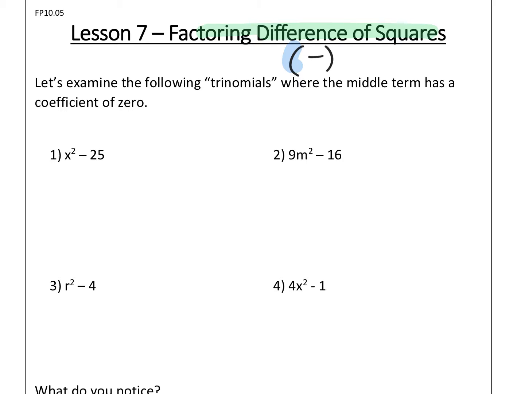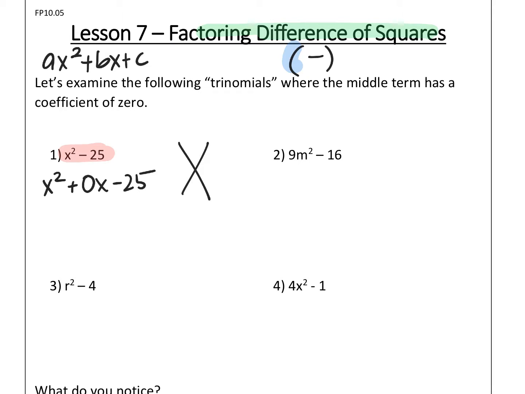So if we look at this initial one here, x squared minus 25, you'll notice that there's no x. Remember that we are looking at things in the form of ax squared plus bx plus c. So you'll notice that there's no x term here. If I needed that x term, I could rewrite it to say 0x minus 25. Now, that means the same thing.